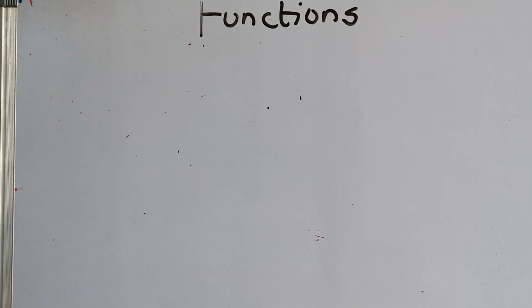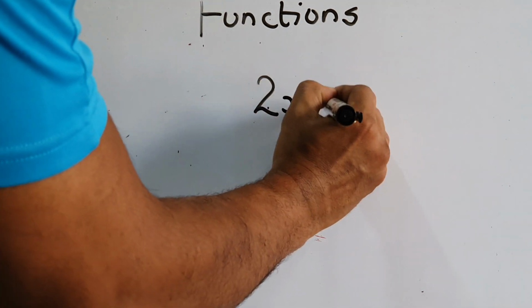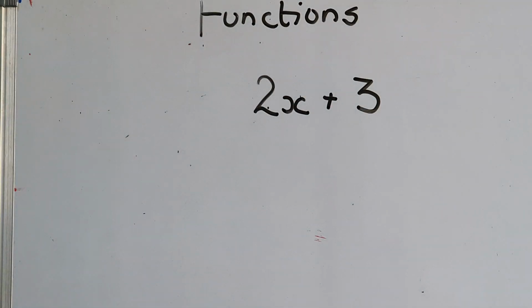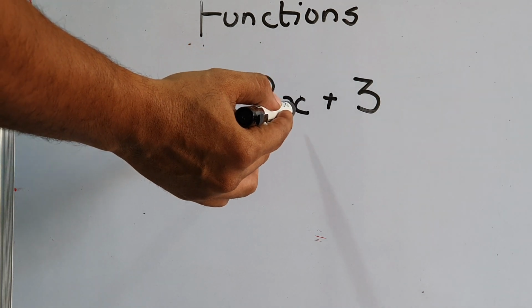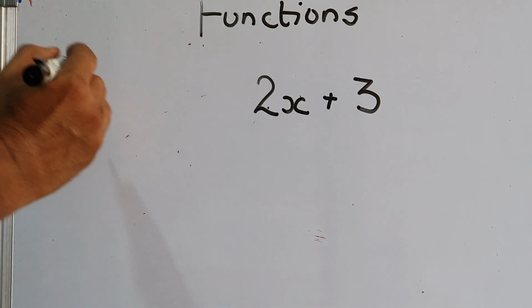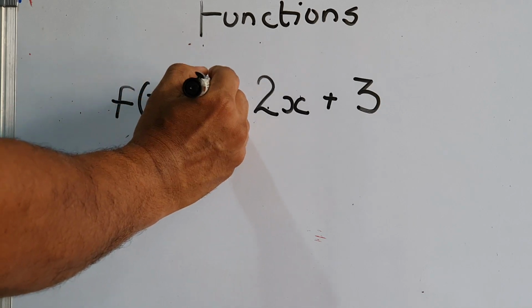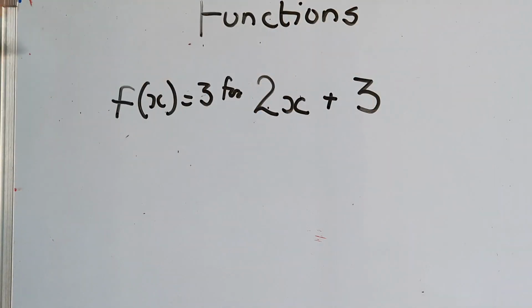Let us take any equation which you have studied in the linear equation chapter, for example, 2x plus 3. This is a linear equation because there is one unknown variable x. So if I write f(x) is equal to 2x plus 3, they will ask f(3).